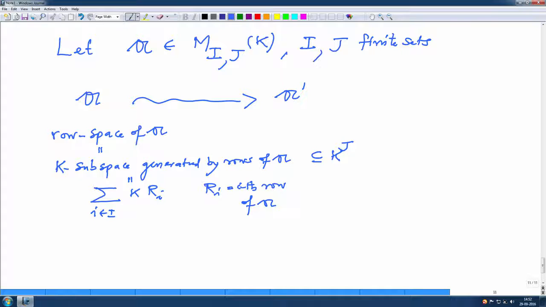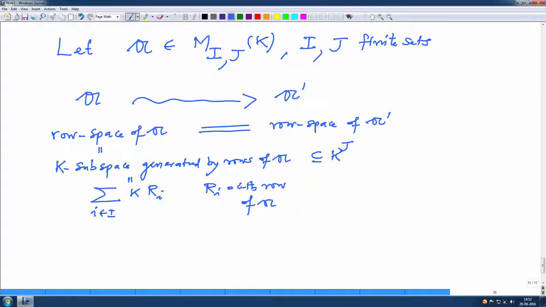So I want to get a new matrix A prime from A by doing some operations without changing the row space, so that the row space doesn't change. But A prime becomes simpler in some sense.